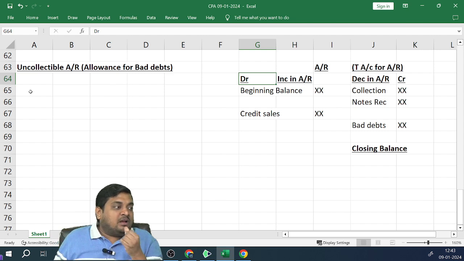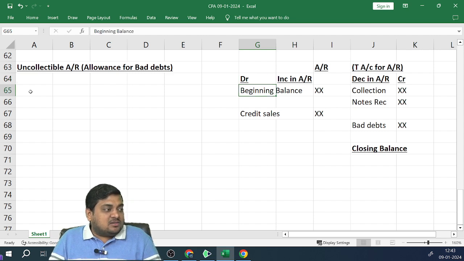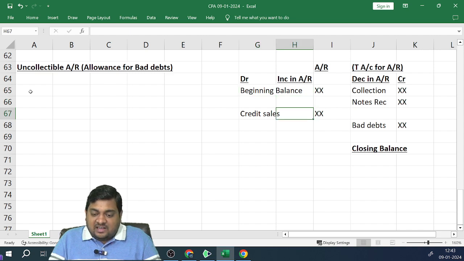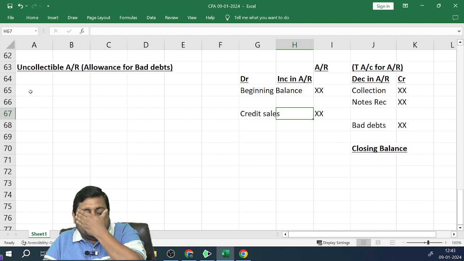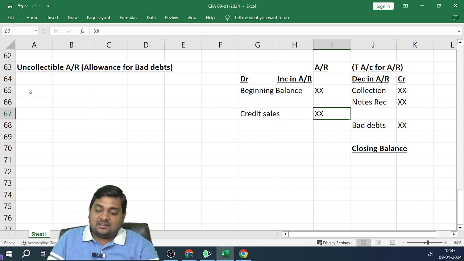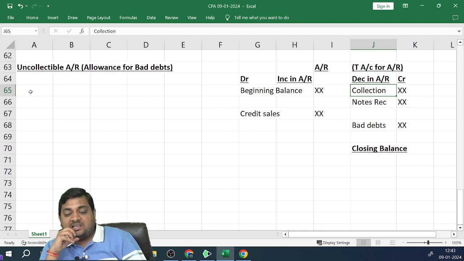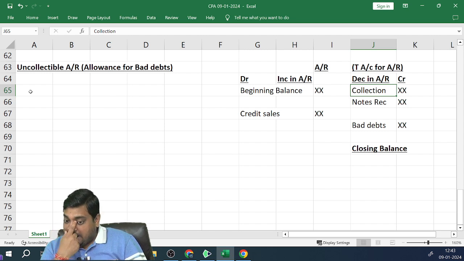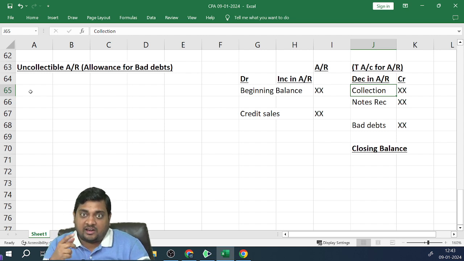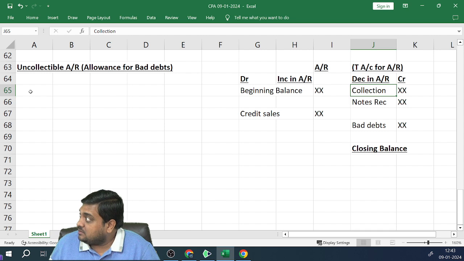This is the opening balance we had at the beginning of the year, and this much sales we have done. So accounts receivable has increased, and this is the collection. Then some accounts receivable is converted into bills receivable, meaning notes receivable, and few have turned to be bad, meaning not recoverable, uncollectible debts.